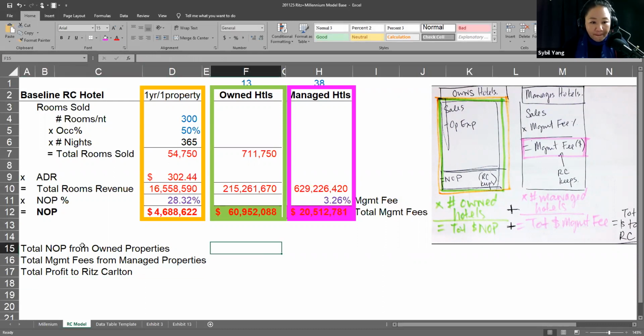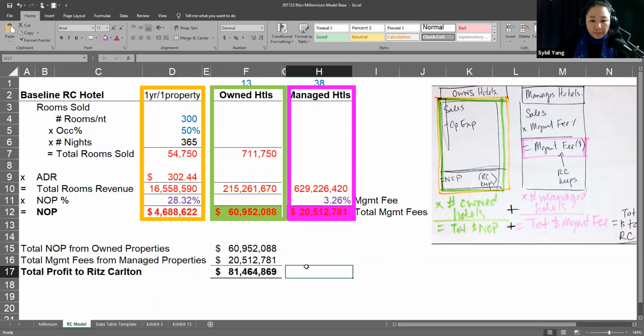This is that owned hotel. That's the total management fees. And this is the sum of the two.